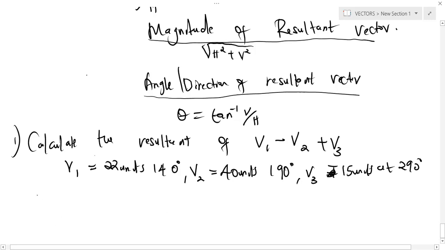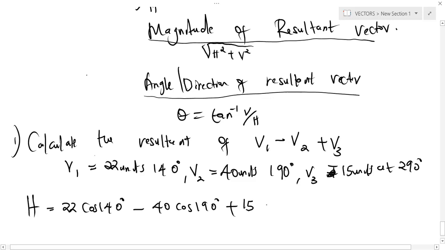Now for the resultant vector, we will start by getting the horizontal components. So we have v1 minus v2 plus v3. v1 is 22 cos of 140 degrees, minus v2, which is 40 cos of 190 degrees, plus v3, which is 15 cos of 290 degrees.